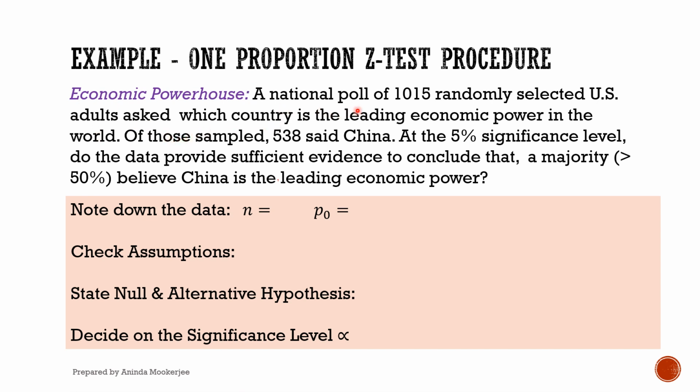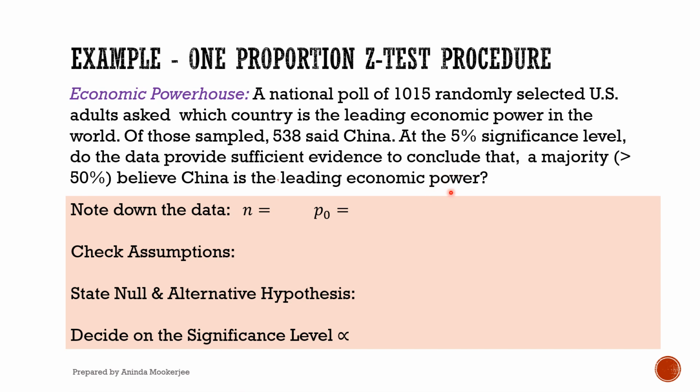A national poll of 1,015 randomly selected US adults asked which country is the leading economic power in the world. Of those sampled, 538 said China. At the 5% significance level, do the data provide sufficient evidence to conclude that a majority, which means greater than 50%, believe China is the leading economic power?